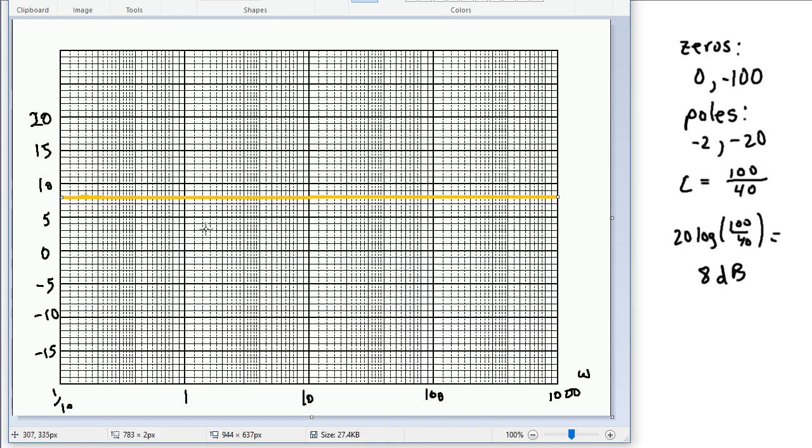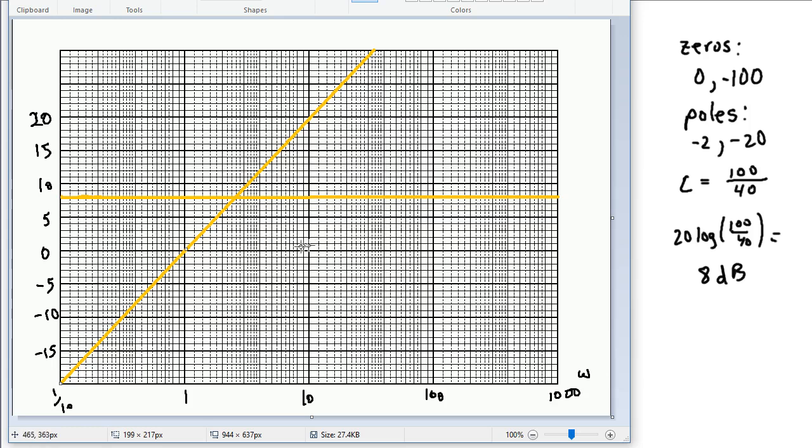So that would be this straight line, so 0 at omega equal 1, and then 20 dB a decade above, so that's going to be a straight line that continues like that. It would continue in both directions, so a decade below I'm going to be at minus 20 dB. So this is the sketch of the zero term for the 0 at omega equal to 0.